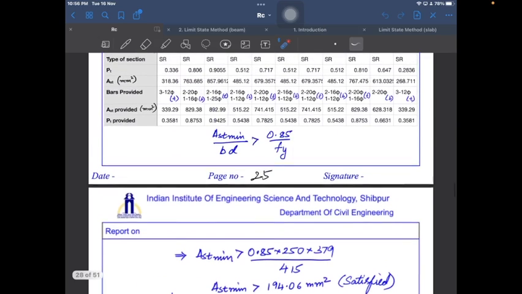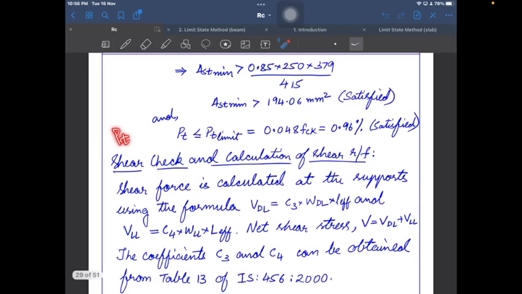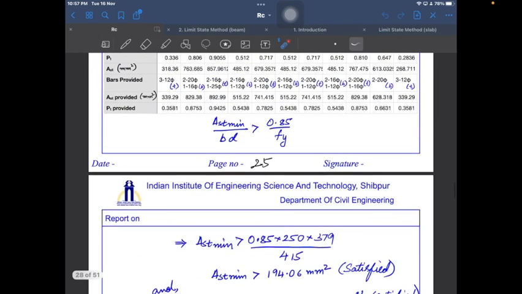Our pt of steel should be less than pt limiting. If our percentage of steel is more than pt limiting, then we are giving an over reinforced section. This pt is the provided one.